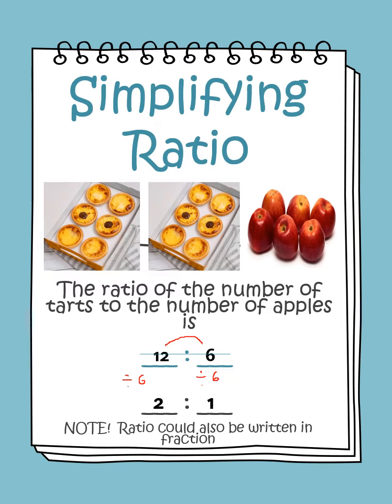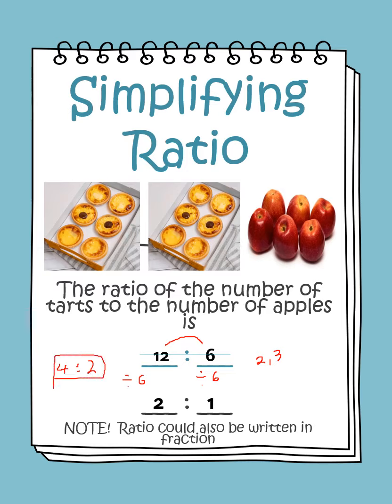Now these two numbers can also be divided by 2 and 3. But if you want to divide 12 by 3, we'll get 4. And if you want to divide 6 by 3, we'll get 2. Now we can still simplify it.